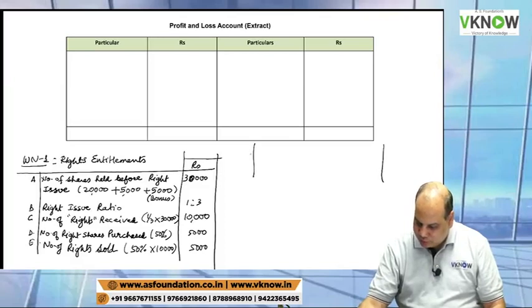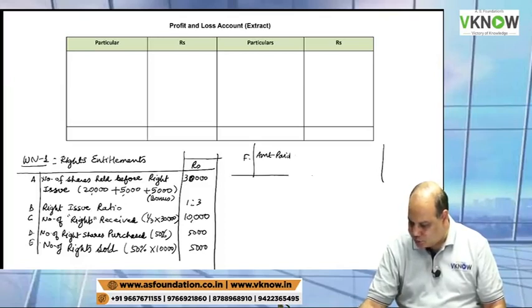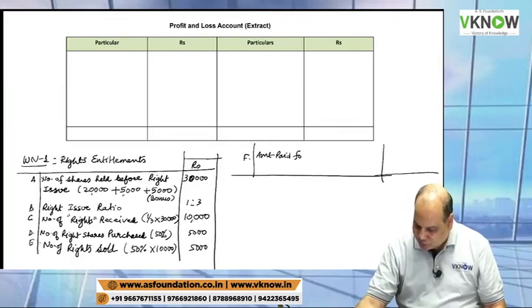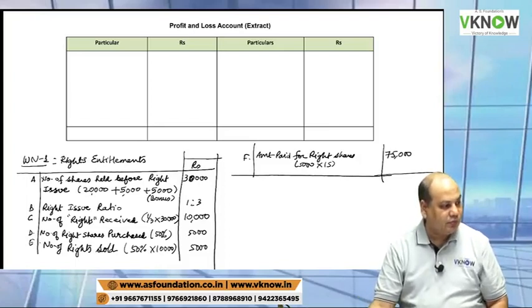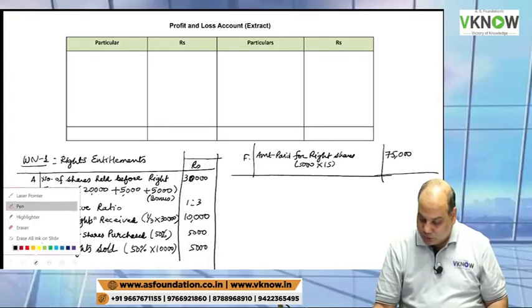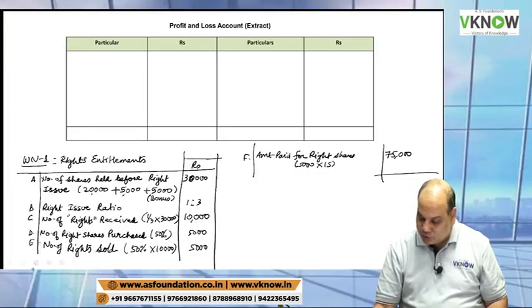Two more lines. Point number F, amount paid for right shares. Amount paid for right shares will be: you have purchased 5,000 shares at 15 rupees, 5,000 into 15, 75,000. Okay. And you have sold rights also.